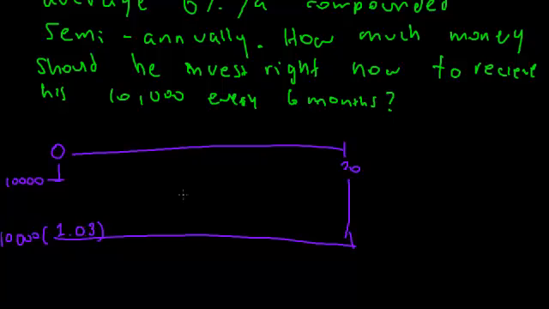So 10,000 times 1.03 to the power of negative 40, because it's every 6 months. And so the compound period is 40.